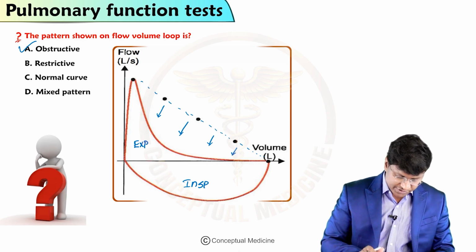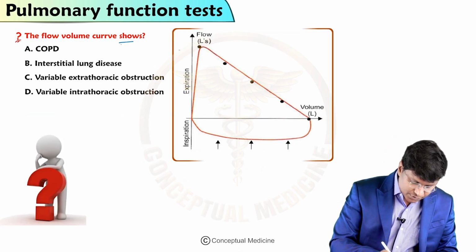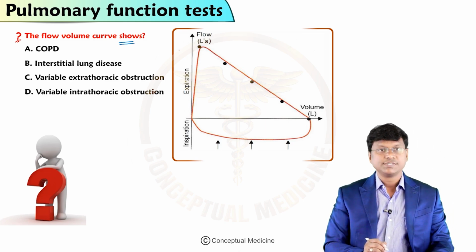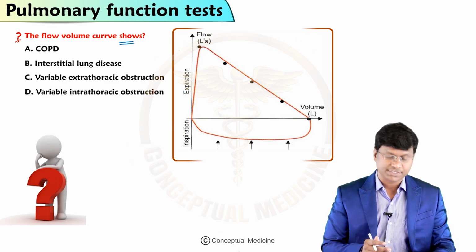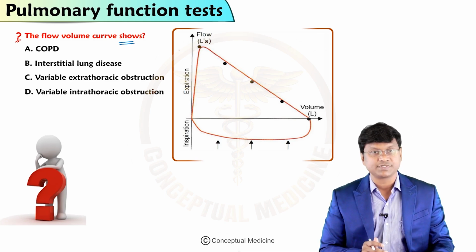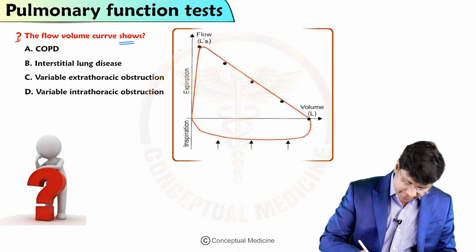Now I'll show you one more question. The flow volume curve shows the presence of COPD, interstitial lung disease, variable extrathoracic obstruction, or variable intrathoracic obstruction. So if you observe that very closely, this will be your inspiratory component which is reduced, right?